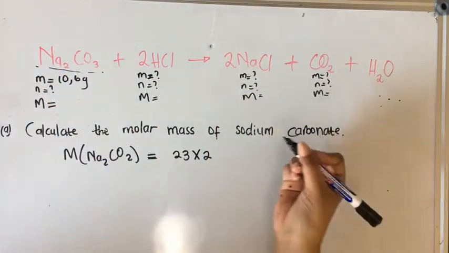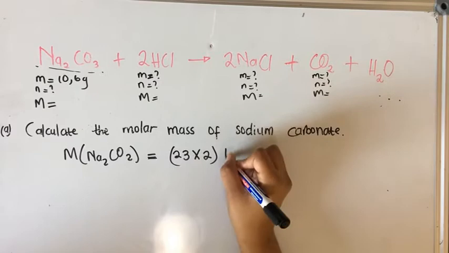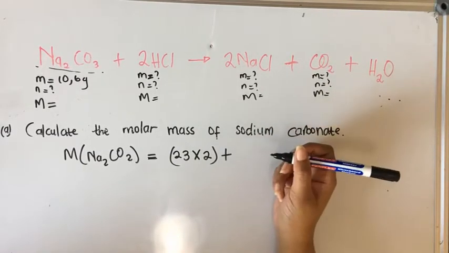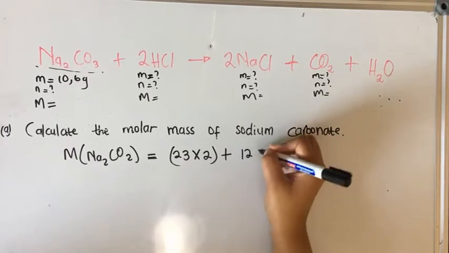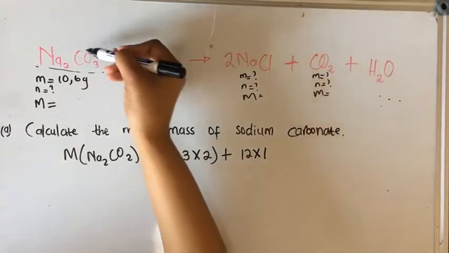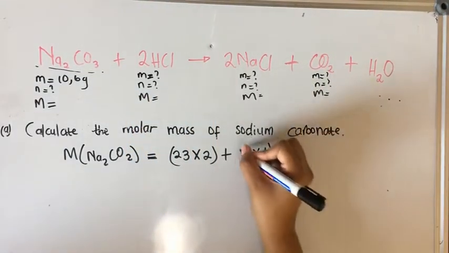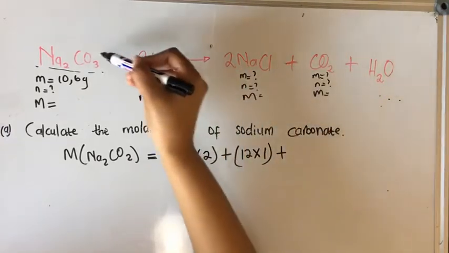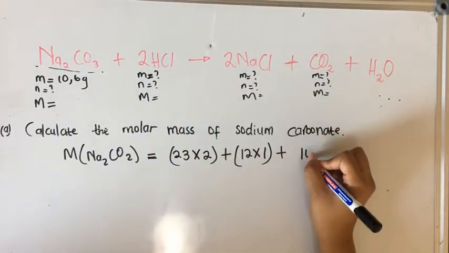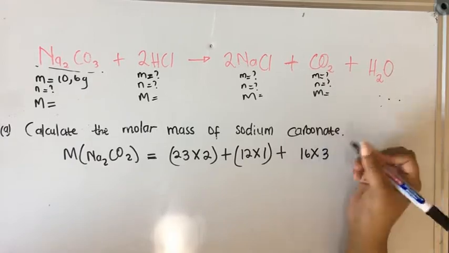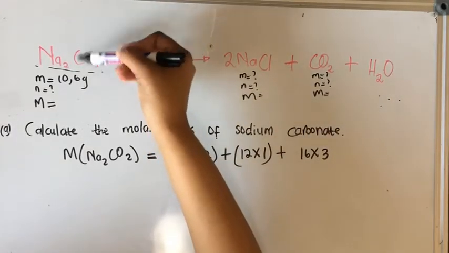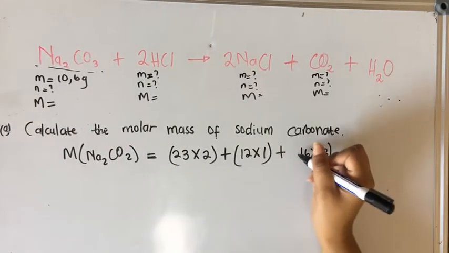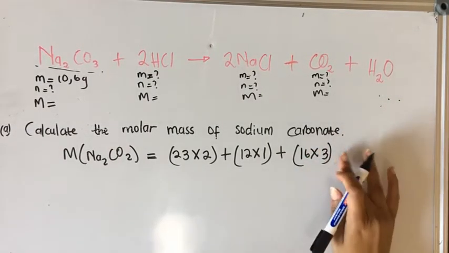And then plus atomic mass ye carbon u-12, 12 multiplied by 1 ngoba kuna 1 carbon. And then plus atomic mass yaga oxygen u-16 multiplied by 3 because kuna 3 atoms zika oxygen.